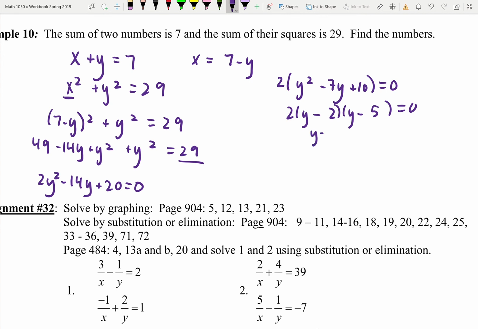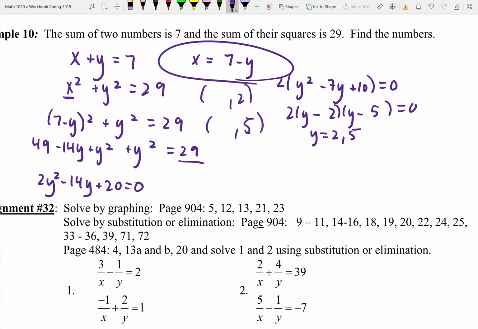So that gives me y equals 2 and y equals 5. The nice thing about substitution is the second number is easy to find. So if y is 2, you have 7 minus 2, which is a 5. If y is a 5, you have 7 minus 5, which is a 2. So it's 5 comma 2, 2 comma 5.